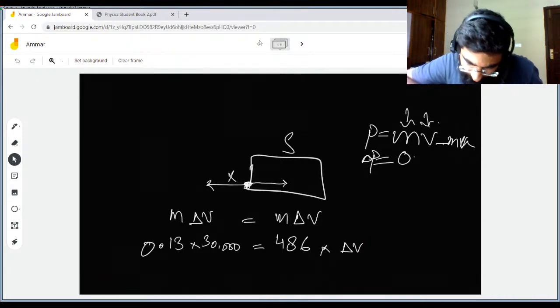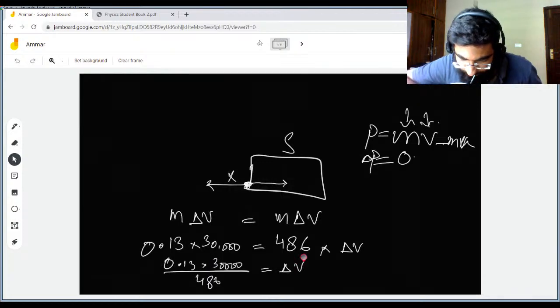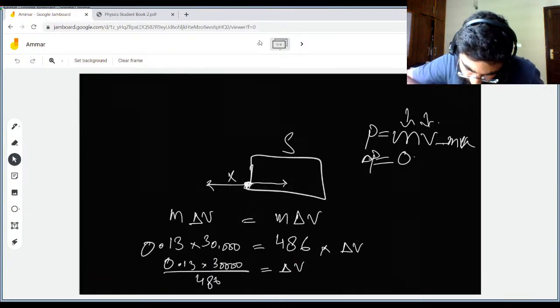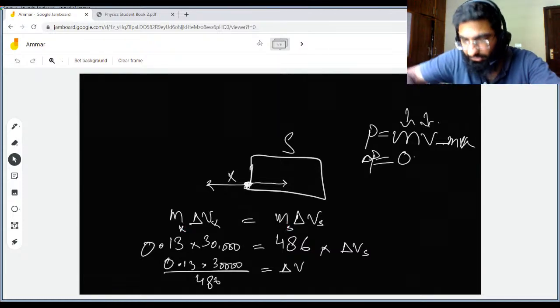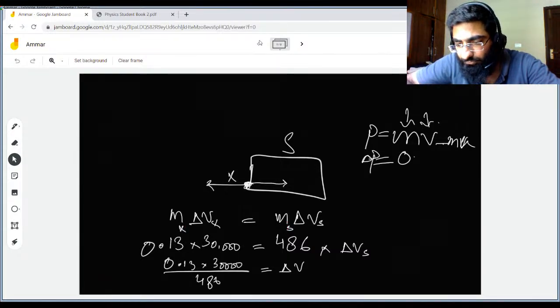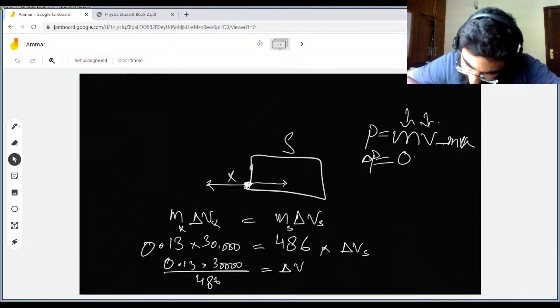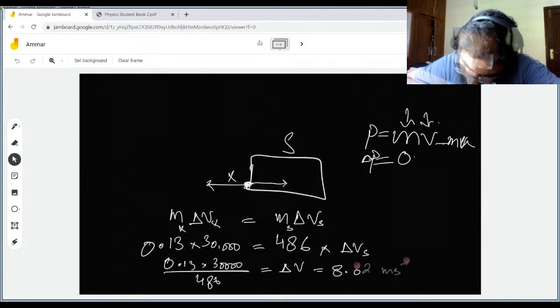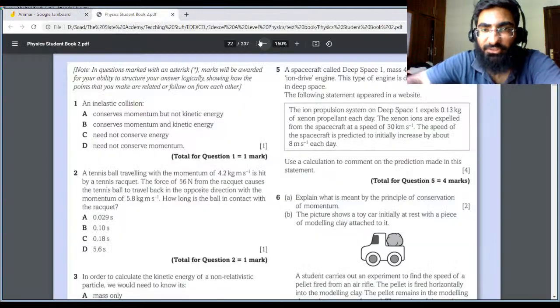So 0.13 multiplied by 30,000, this is xenon, this is spacecraft, divided by 486, the mass. It gives you 8.02. So change in velocity is 8.02 meters per second, which is what the statement said. Hence, it is true.